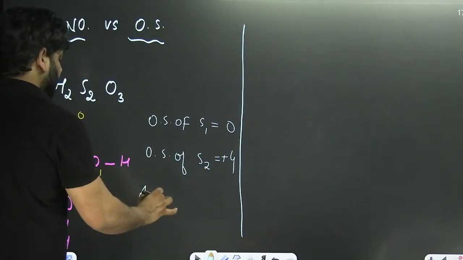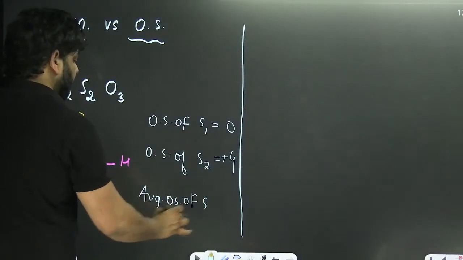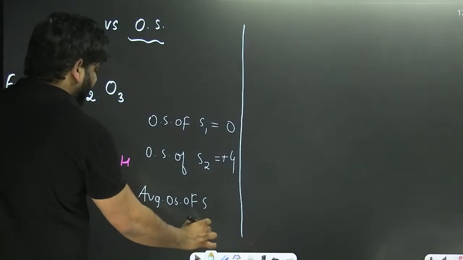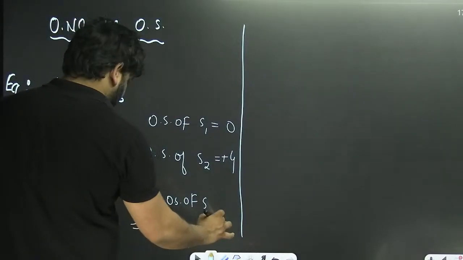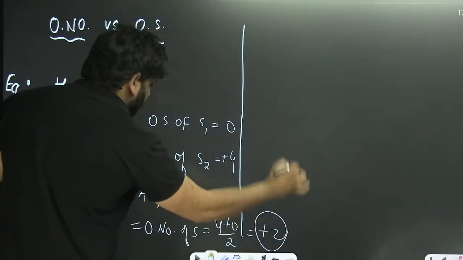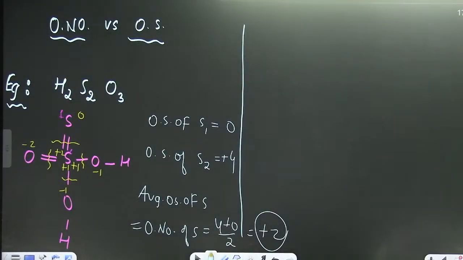So the average oxidation state of sulfur, which is also called the oxidation number of sulfur, will be 4 plus 0 by 2, that is positive 2. That's how we do it. This is a difference, right?